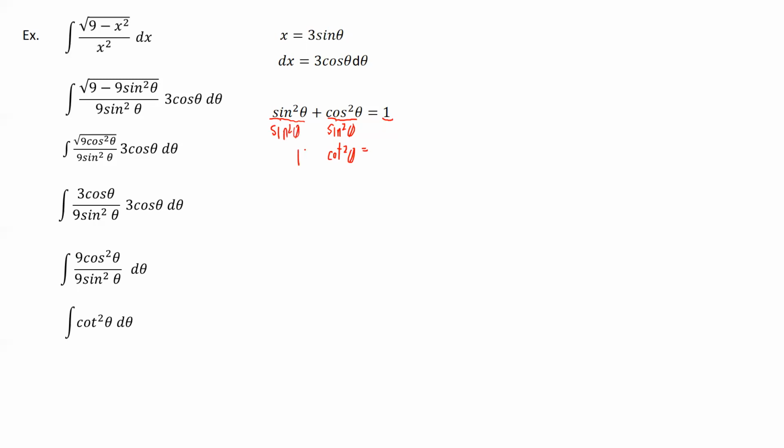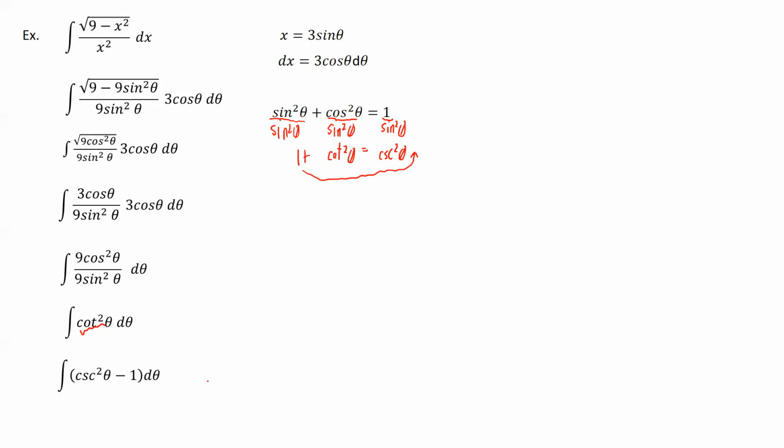So 1 plus cotangent squared will equal cosecant squared. Now, some of you might already have that memorized, so you can just write that in. So instead of cotangent squared, we would have cosecant squared theta minus 1.